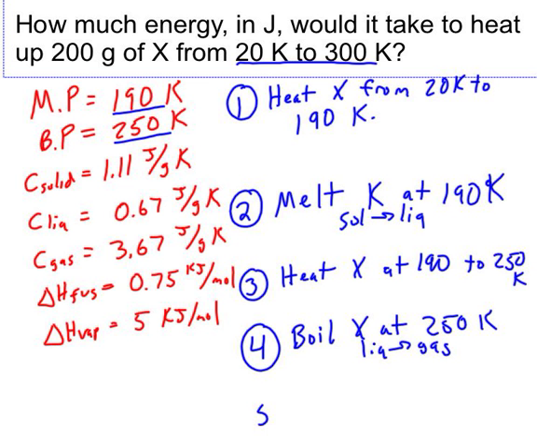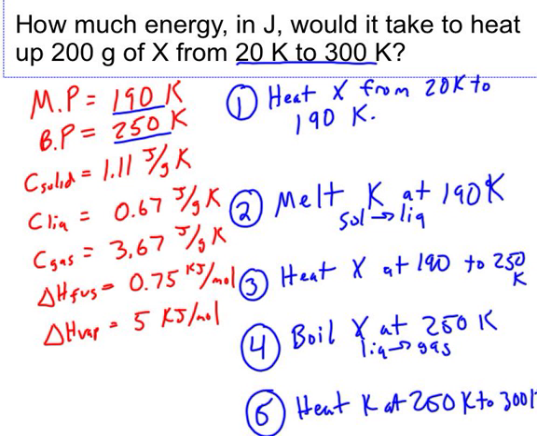And my fifth step is going to be to heat that gas, heat X at 250, until our final temperature of 300 K. So this is a 5-step problem. Essentially we need to calculate the heat for each of these 5 steps and simply add them together. That's the process that we are going to follow.